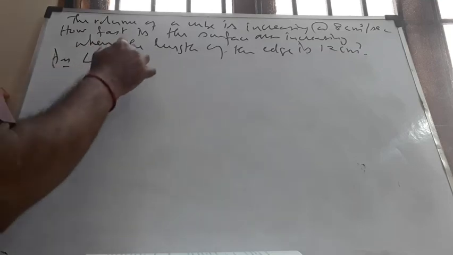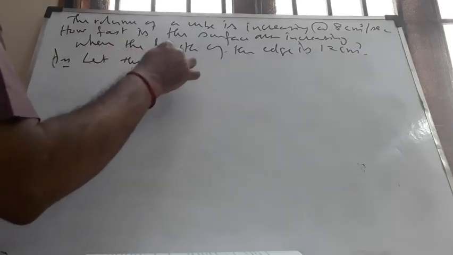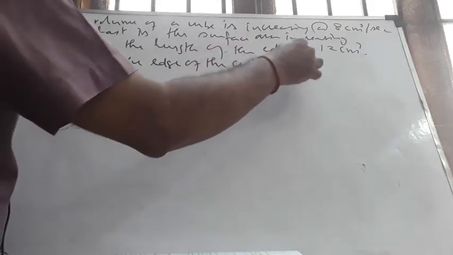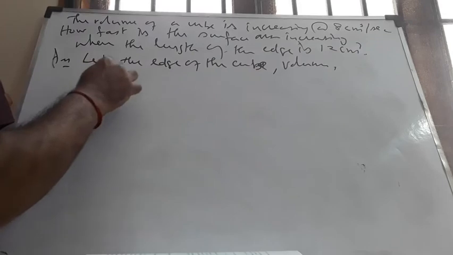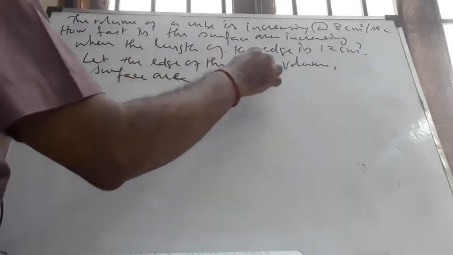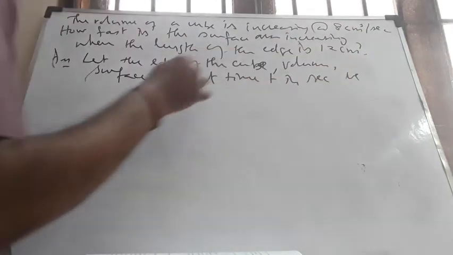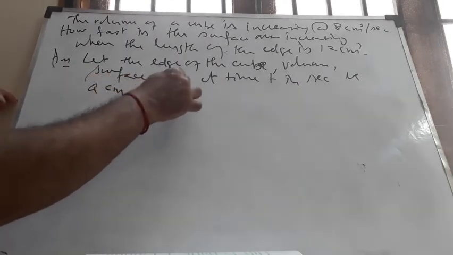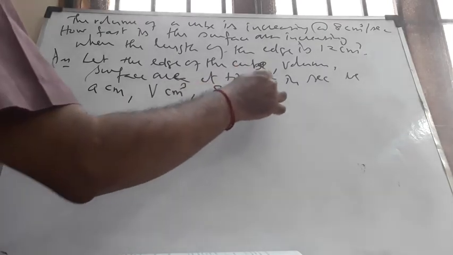As I already told you in the previous problem, I should mention the various notations. Let the edge of the cube, volume, and surface area at time t in seconds be a centimeters, volume V centimeter cube, and S centimeter square respectively.